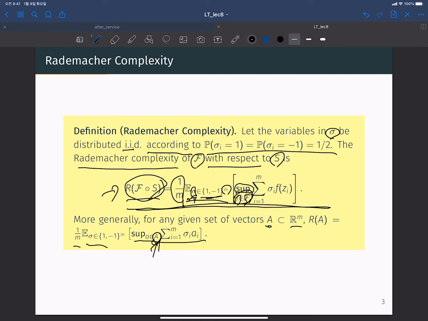So the Rademacher complexity cannot always give you a very nice indicator for the generalization gap, because we are considering the extreme case. Generally, we do not go to the extreme case. So the Rademacher complexity does not always give you a very accurate indicator for the generalization gap, but at least we can say that when the Rademacher complexity is very low, we don't worry about the generalization behavior.